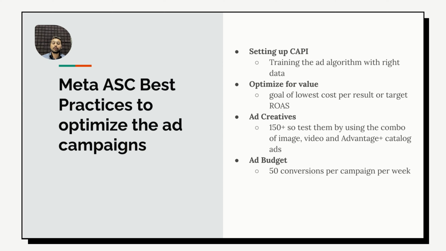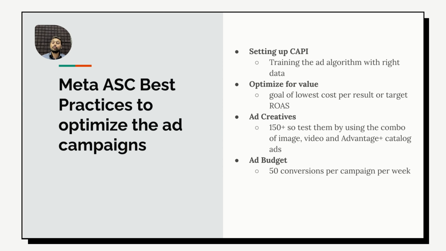Next, optimize for value. So basically, whenever you are sending purchase event or audience data to Meta ads, it is better that you send the value of the conversion as well. When you send the value of conversion as well, Meta ads will be able to optimize for that value and give you better results. For example, you can use the goal as maximize conversion value, and in that you can use maximize ROAS.